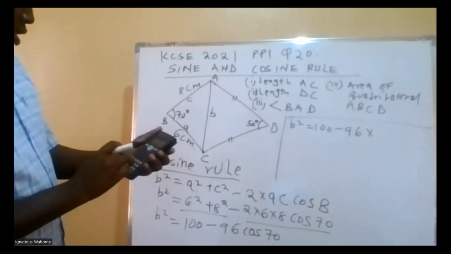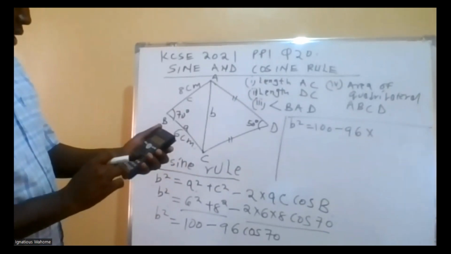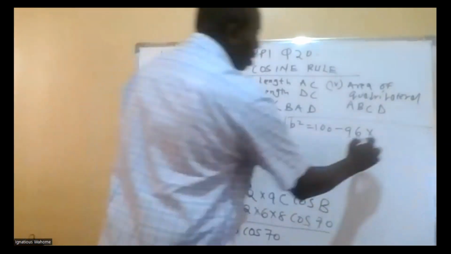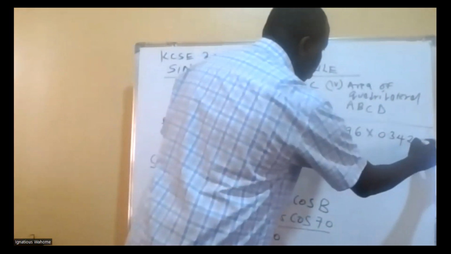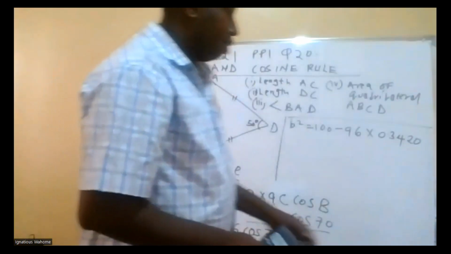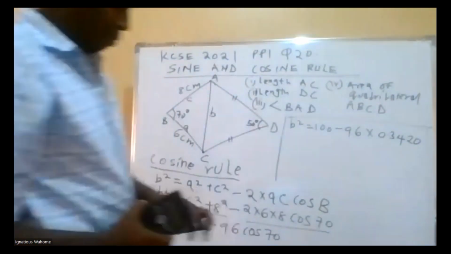Cos 70 is 0.3420. That is the cos of 70.